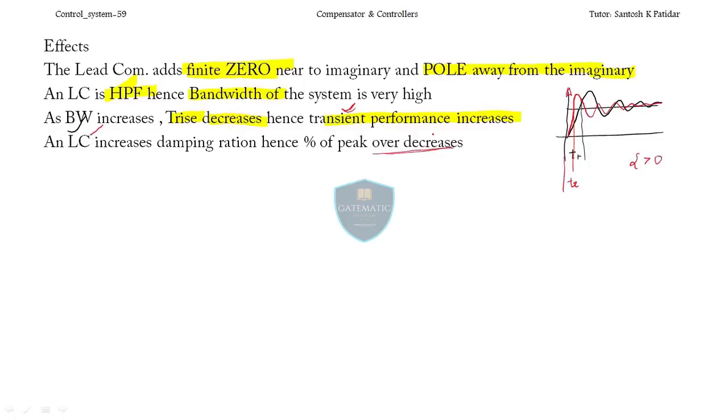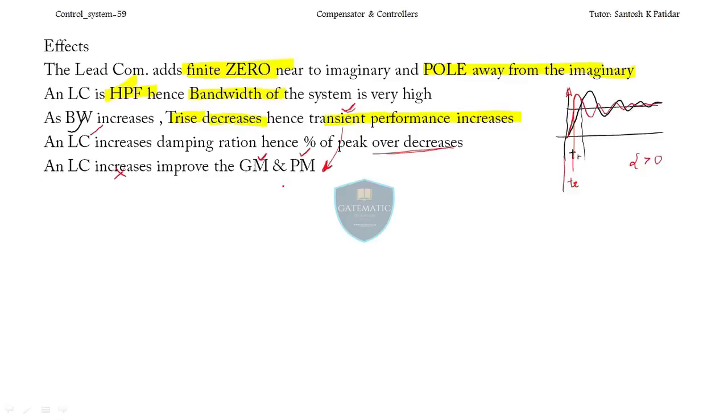The next point is, a lead compensator improves the GM and PM. Definitely, when it affects the transient performance, it directly affects the gain margin and phase margin of the system.